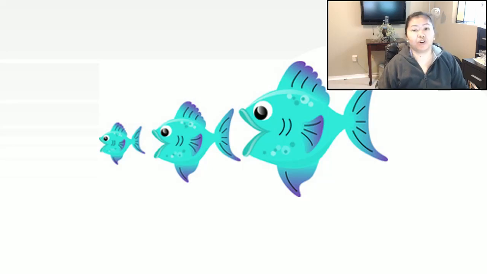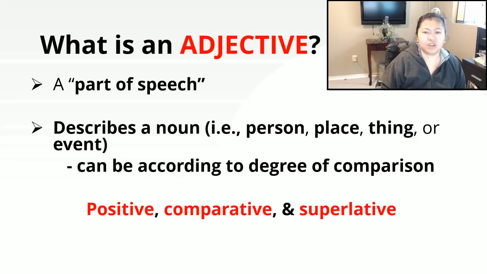But before we do the whole thing, I want to give you a brief description of adjectives as it relates to comparison according to degree or intensity. So now what is an adjective? We know that an adjective is a part of speech.